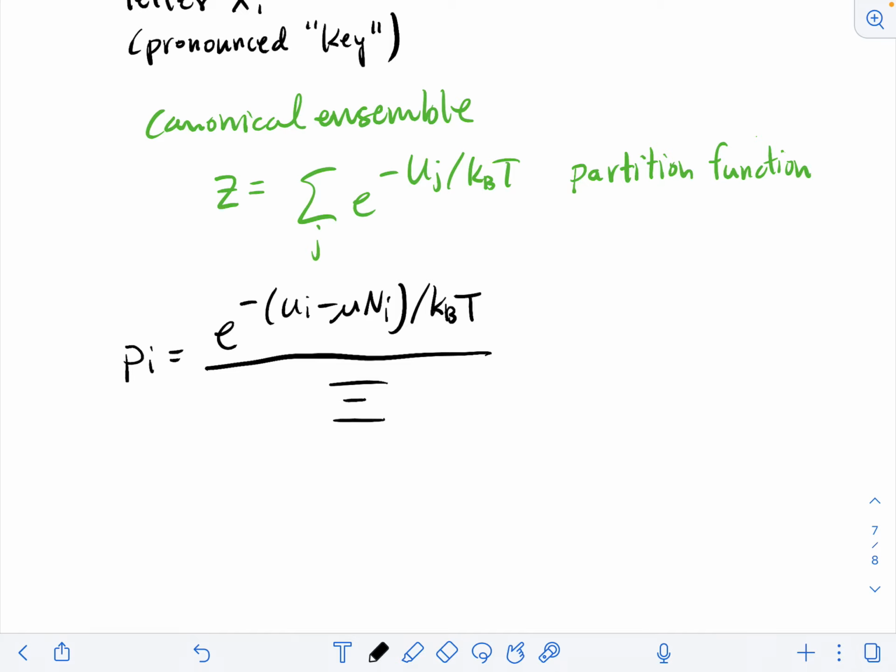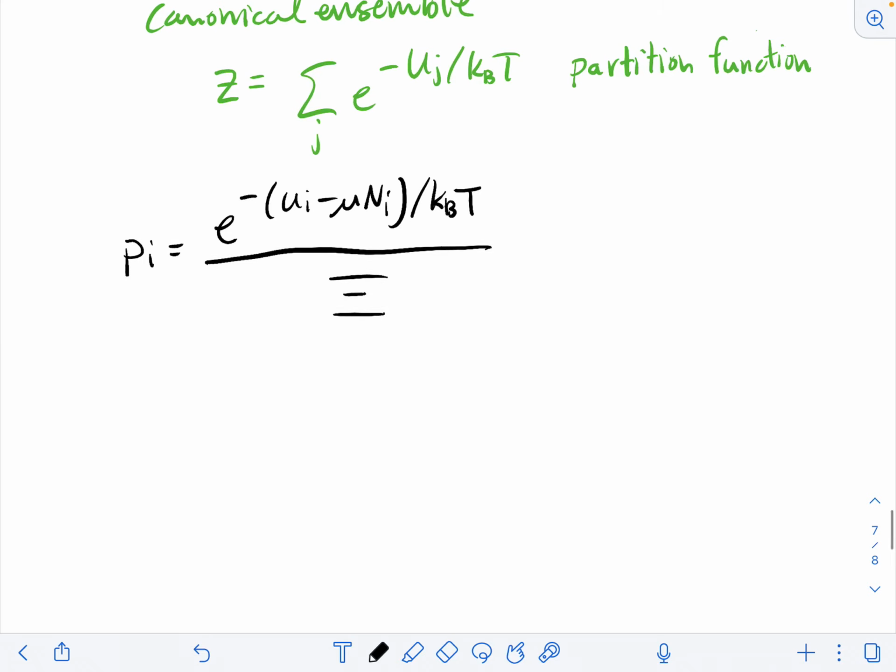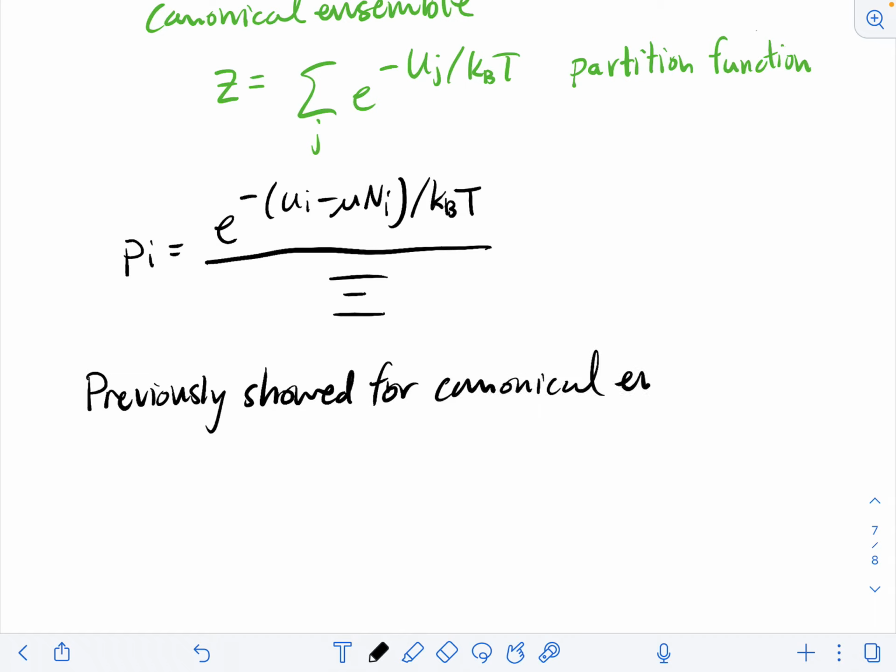All right, we previously showed for the canonical ensemble that the average entropy per member in the ensemble was given by minus kB sum over i of p_i ln p_i.